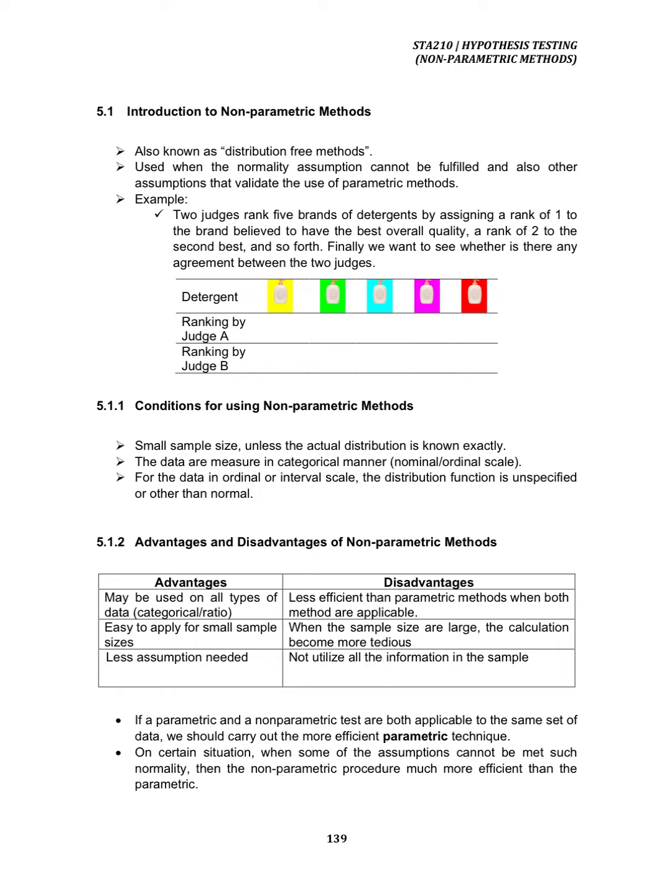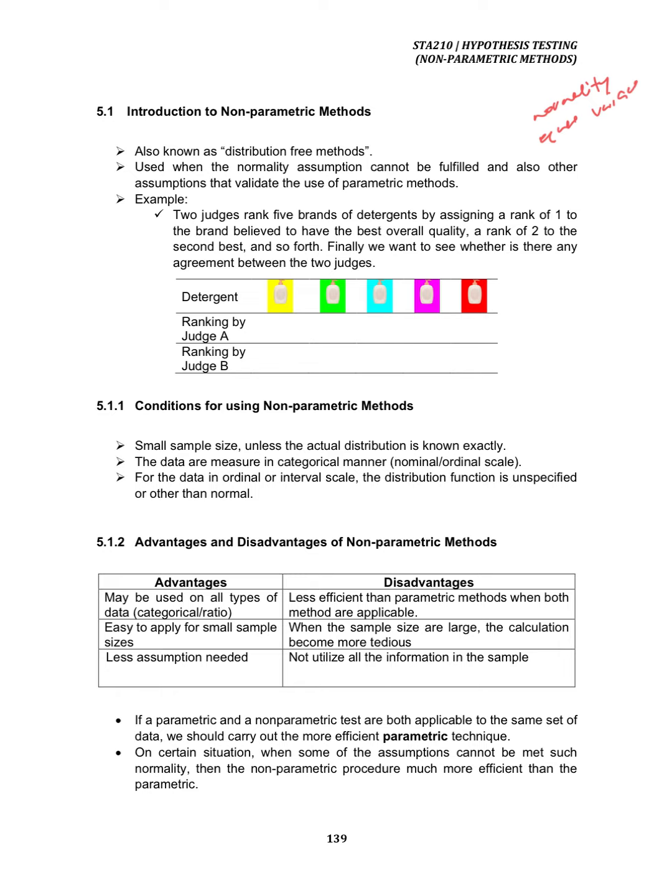Non-parametric methods, also known as distribution-free methods, are used when the normality assumption cannot be fulfilled, and also other assumptions that validate the use of parametric methods. If you still remember, for hypothesis testing of parametric methods, there are several assumptions that need to be fulfilled, for example the assumption of normality, equivariance, and so on.